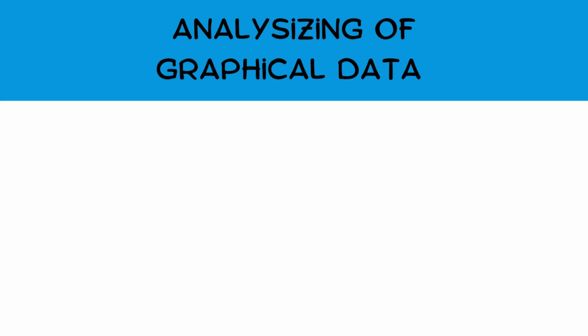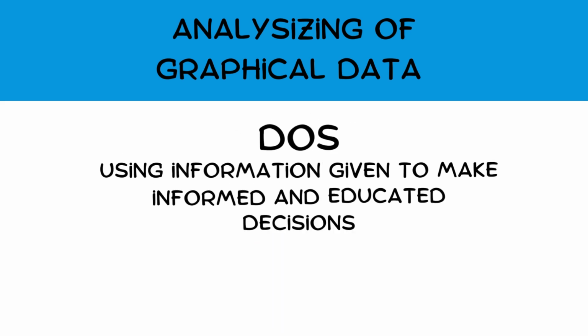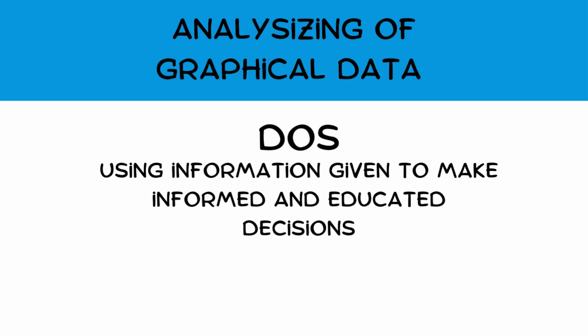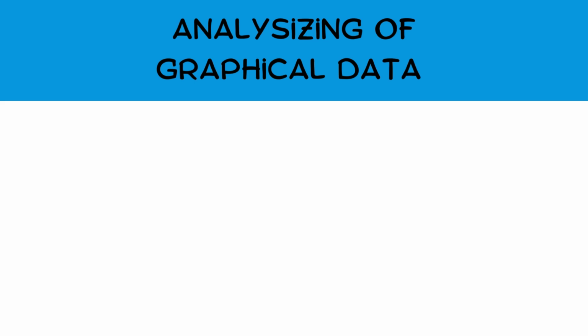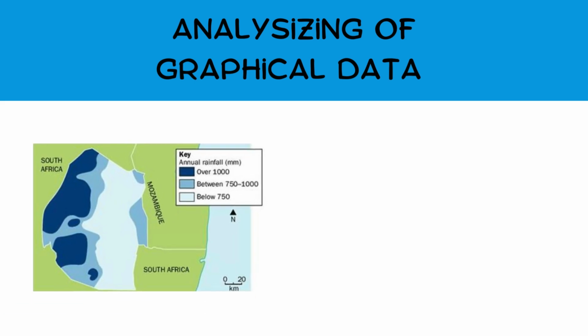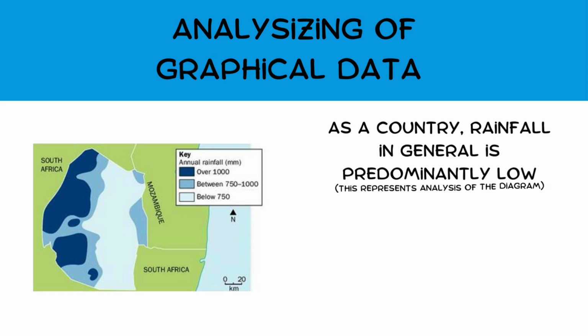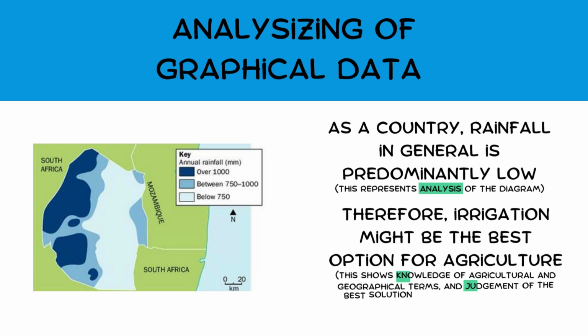However, it does mean that we should be able to use the context of the region or image to make informed and educated decisions. For example, if we were given Swaziland's annual rainfall as shown below, we can understand that, as a country, it receives very little rainfall throughout the majority of the land, and therefore irrigation schemes are needed so that agriculture can flourish.